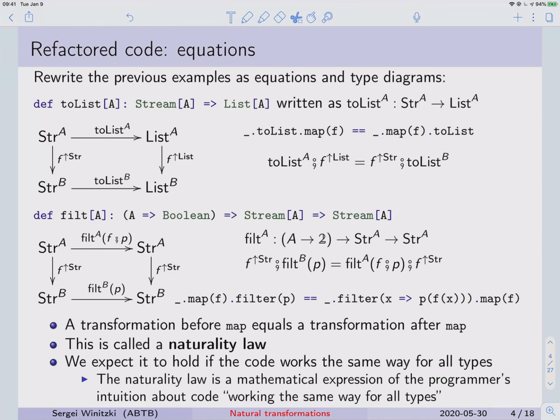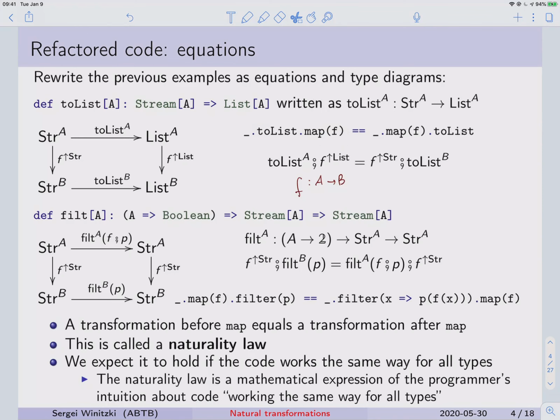And the law that we want is that first you do a toList and then you map with some function, any function f from type A to type B, say. And this transformation toList and then lifting f is the same as first lifting f and then transforming toList.